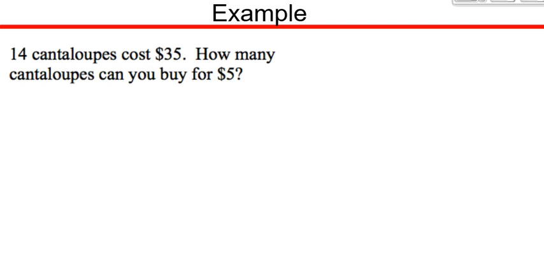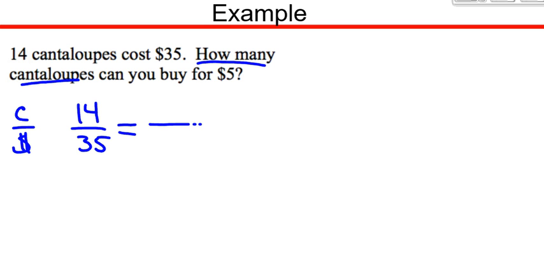Okay, 14 cantaloupes cost $35. So right now I'm going to use that information. 14 cantaloupes cost $35. And notice I have my cantaloupes on the top and my dollars on the bottom. So equals how many cantaloupes? Okay, so I don't know the cantaloupes over here, so the x is going to go on the top. Can I buy for $5?